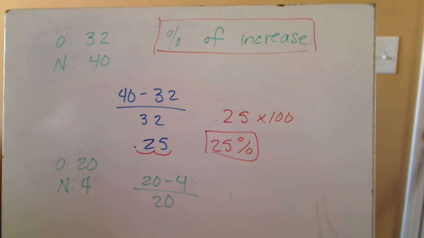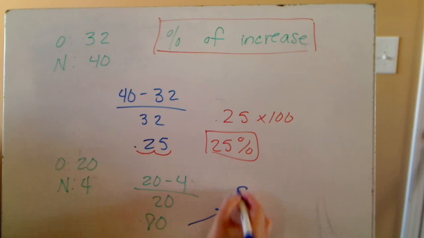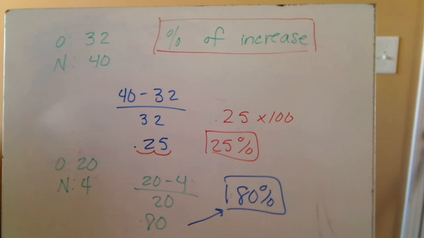So you get 16 over 20, which, all completed, is 0.8. So 0.80, then changed into a percent, is 80%. And then our original is greater than our new, meaning it was a percent of decrease.